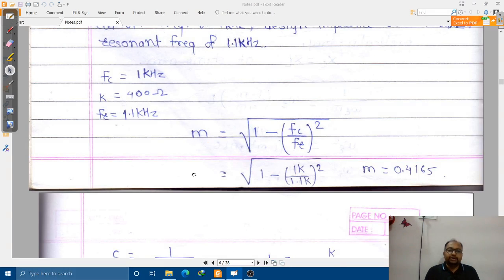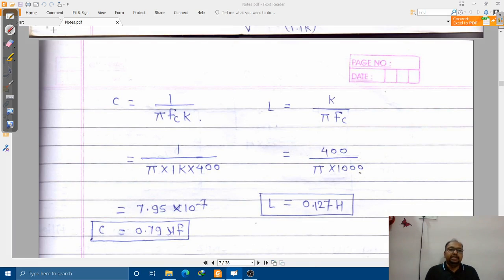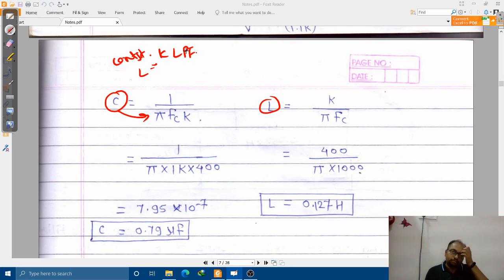Okay. So once we have found out M value, then we need to find out the capacitor and inductor. The same formula we have used for this also as that of your constant K low pass filter. So C is nothing but 1 upon pi F Fc K, right?